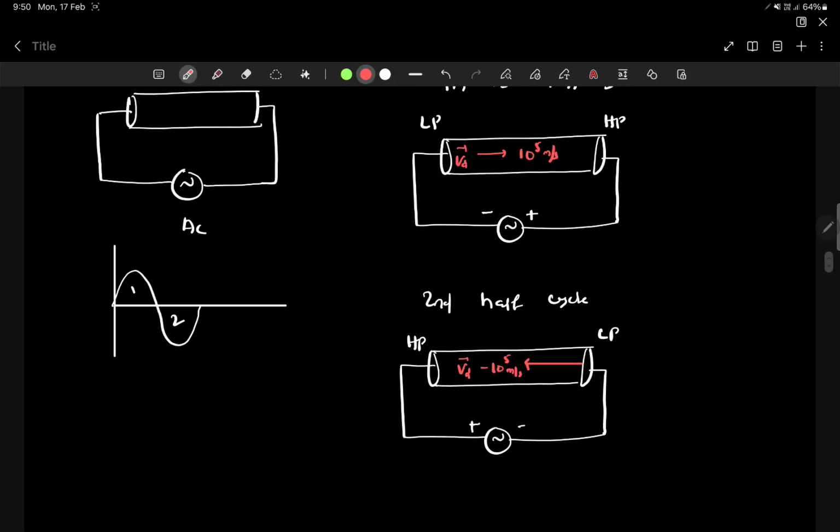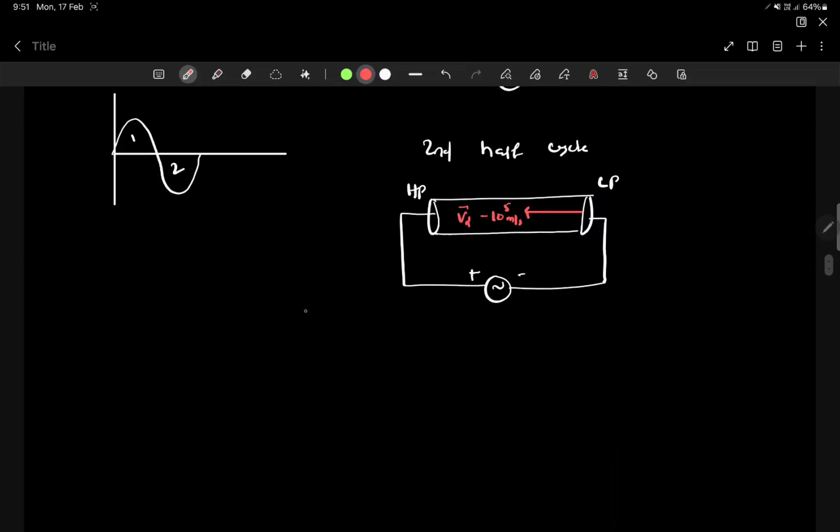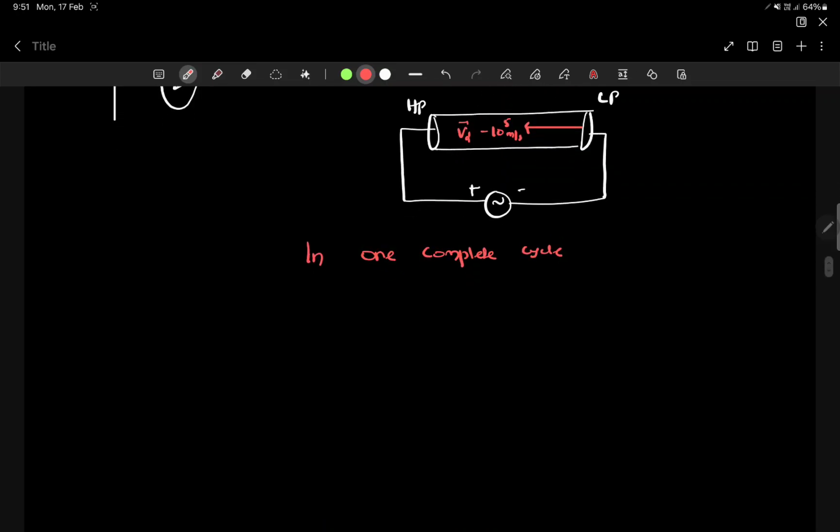So in one complete cycle, the average drift velocity Vd is 10 to the power 5 plus minus 10 to the power 5 divided by 2, that is 0 meter per second.